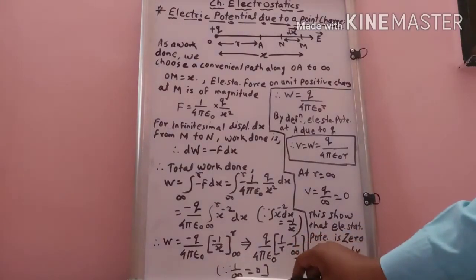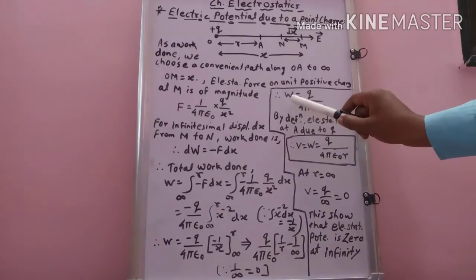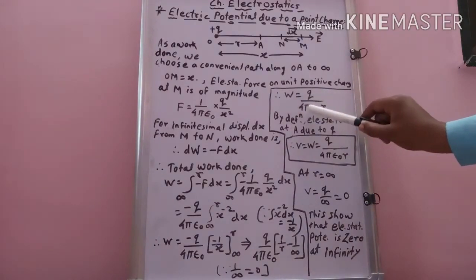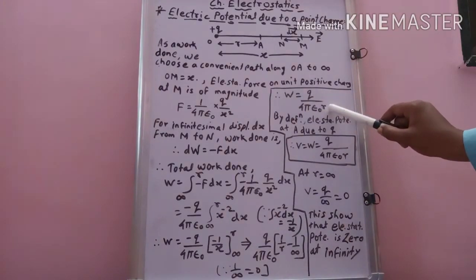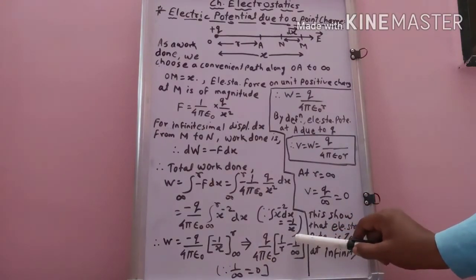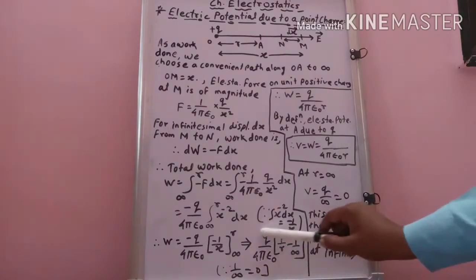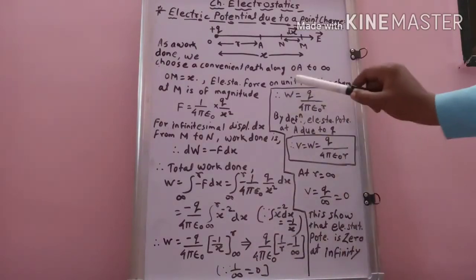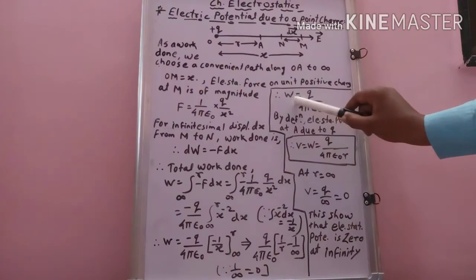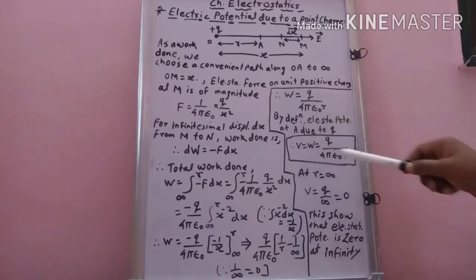But 1 upon infinity is equal to 0. Therefore only this part remains: work done W is equal to Q upon 4 pi epsilon naught r.